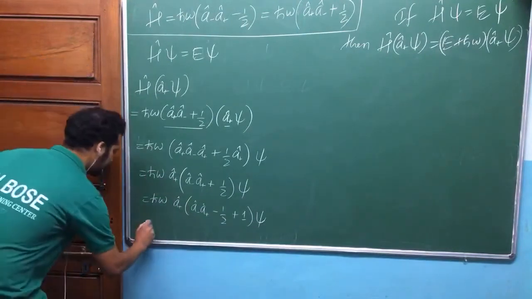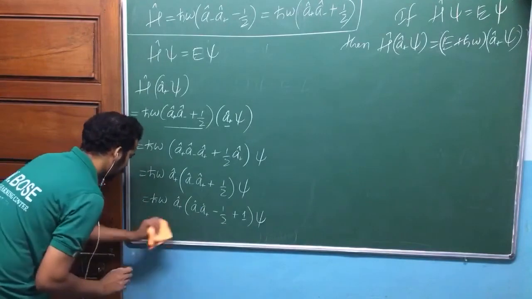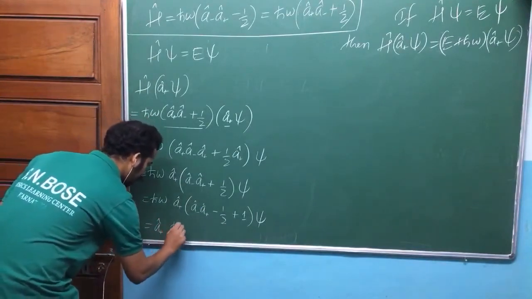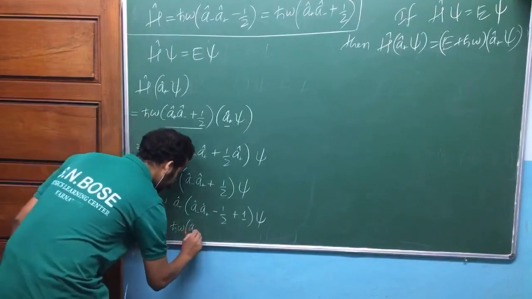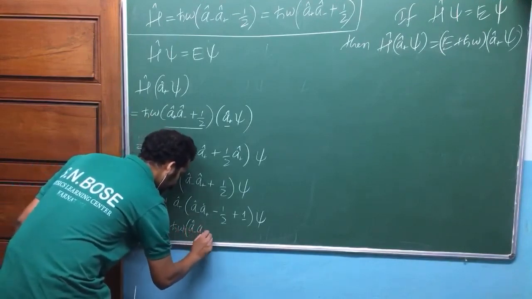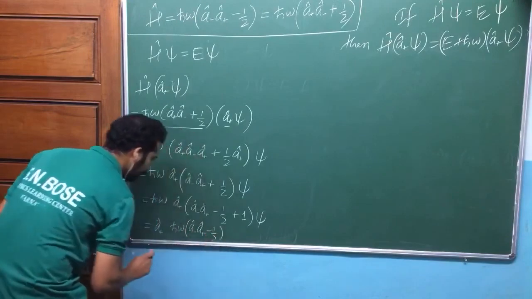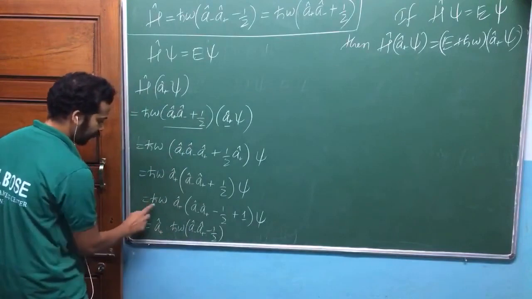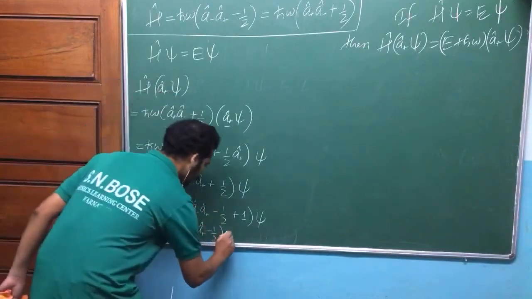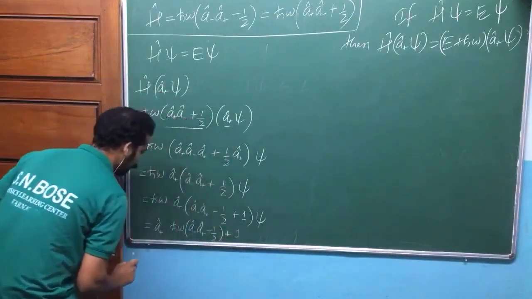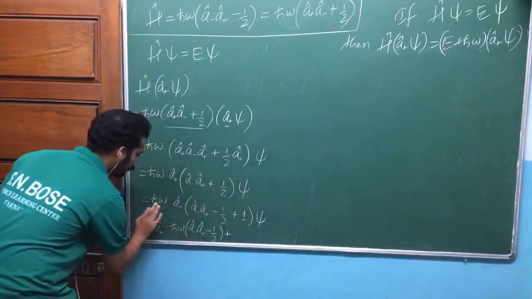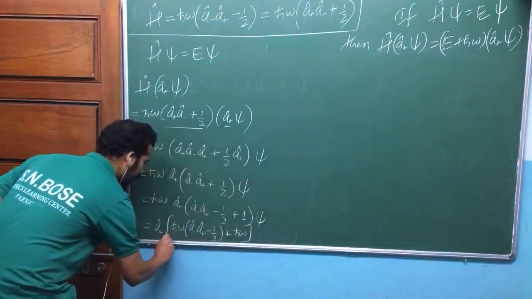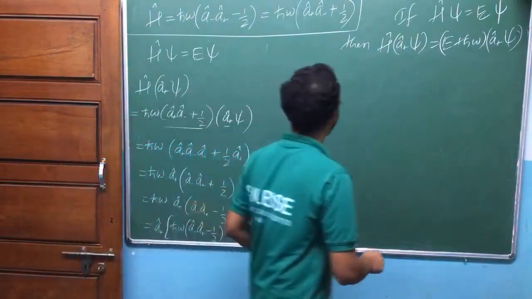What I can write here is a plus cap, I'll keep it outside, h bar omega, a minus cap a plus cap minus half, plus 1 plus h bar omega. 1 means you have taken h bar omega inside, plus h bar omega. Let me put them in a bracket operating on psi. Just check it out.